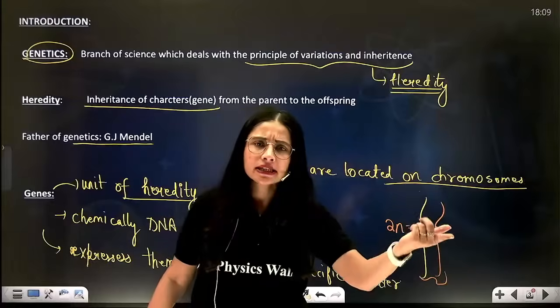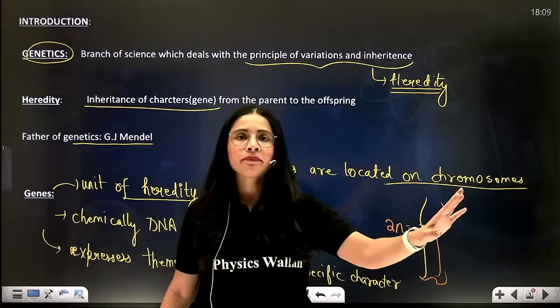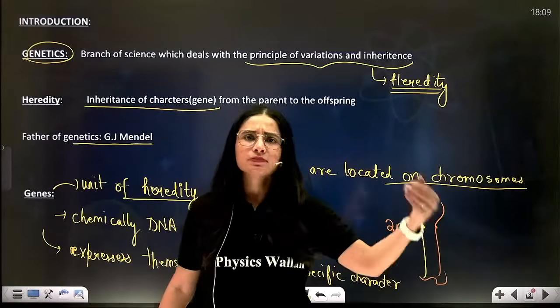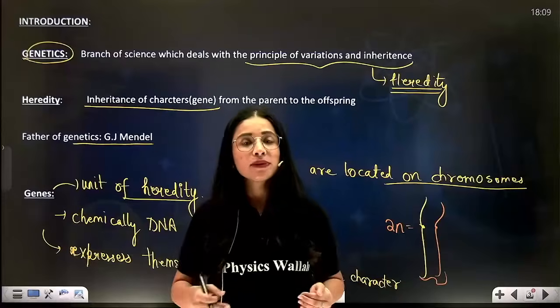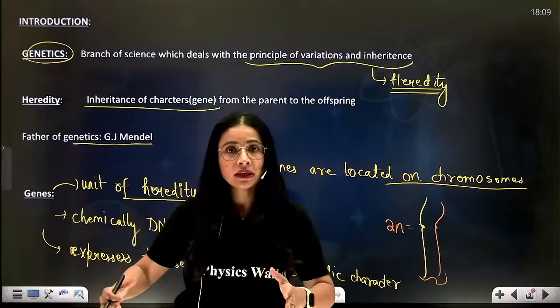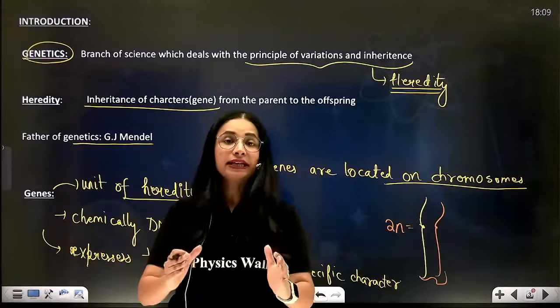However, if you change the species, if you bring some other species organism, then in them the nature of gene 1 will change, and its position in the chromosome will change. However, within a species, the location of a gene on the chromosome is fixed.